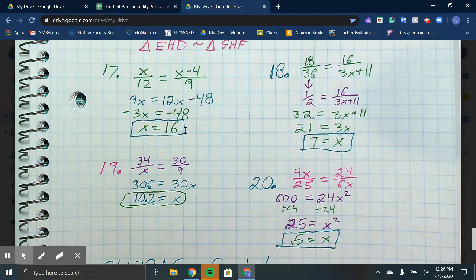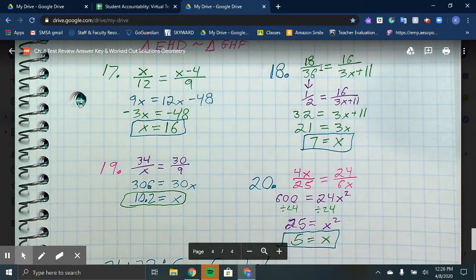If for any reason you get a negative answer on 17, 18, 19, or 20, realize you can't have a negative side length, so you made a mistake. In 18, what I was given was the 18 corresponding with the 36 on the bottom, and then the 16 over 3x plus 11 on top.